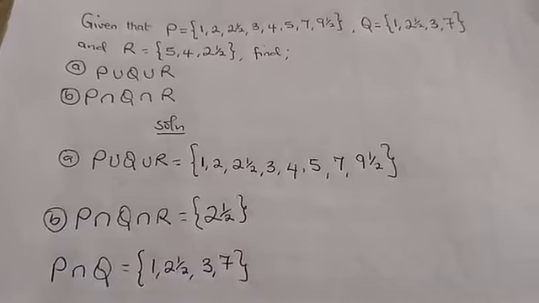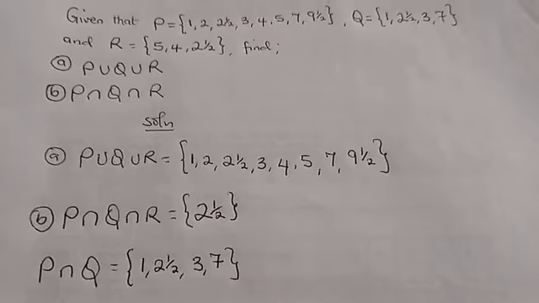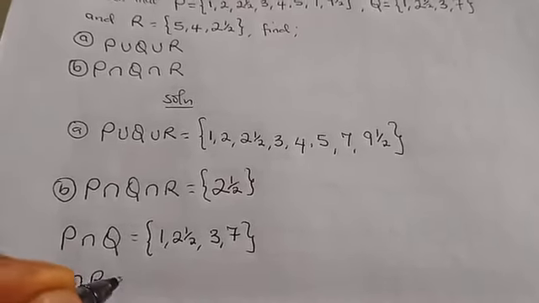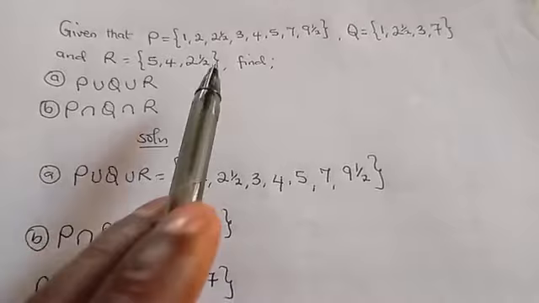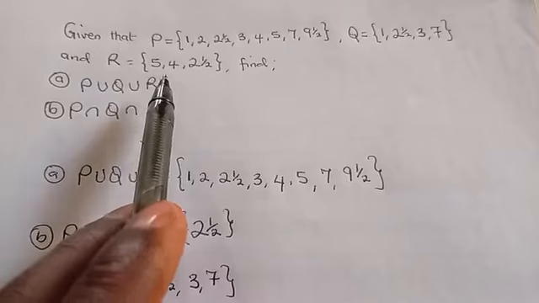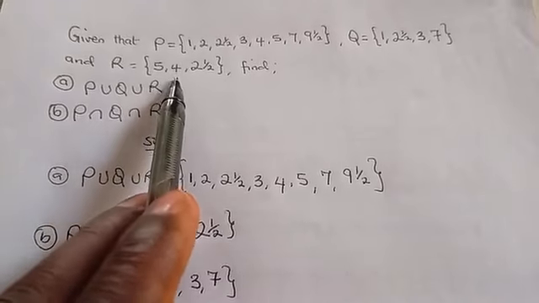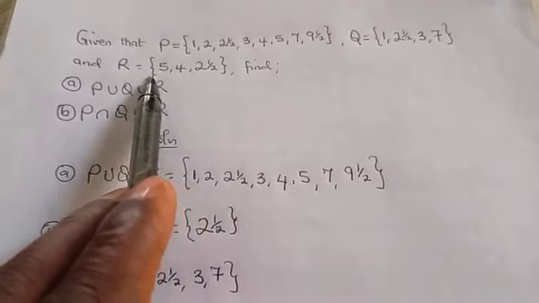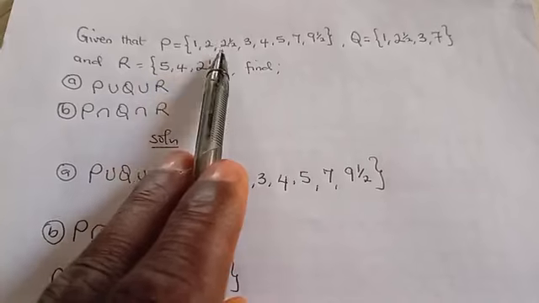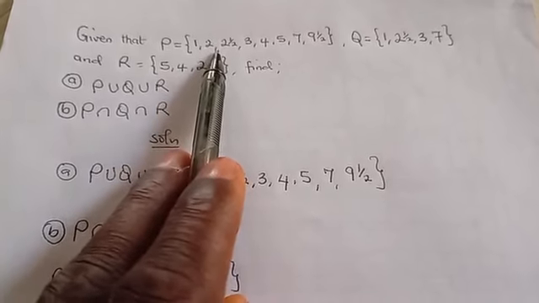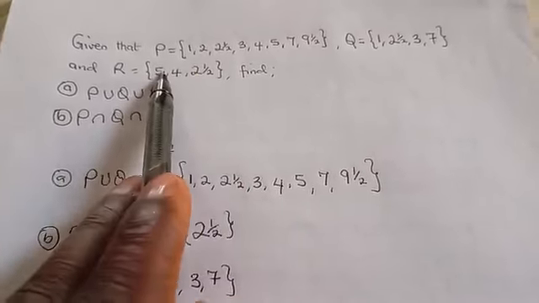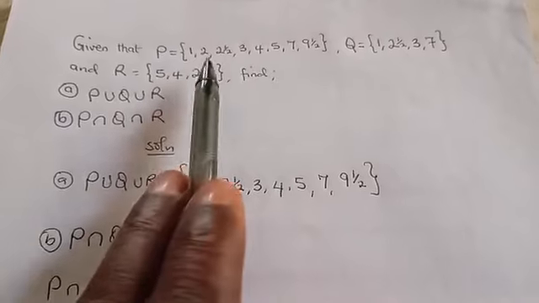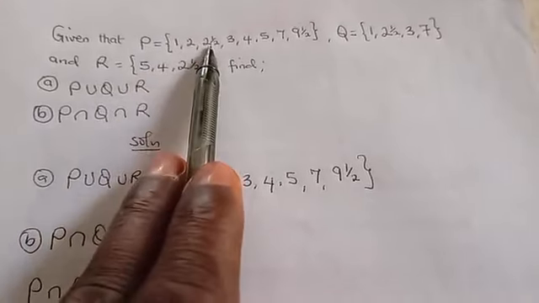If you are asked to find P intersecting R, P intersecting R will be the elements you are seeing in set P that are also in set R. Also, all the elements you are seeing here in set R are also present in set P, because 5 is here, 5 is also here, 4 is here, 4 is also here, 2.5, 2.5 is also here.